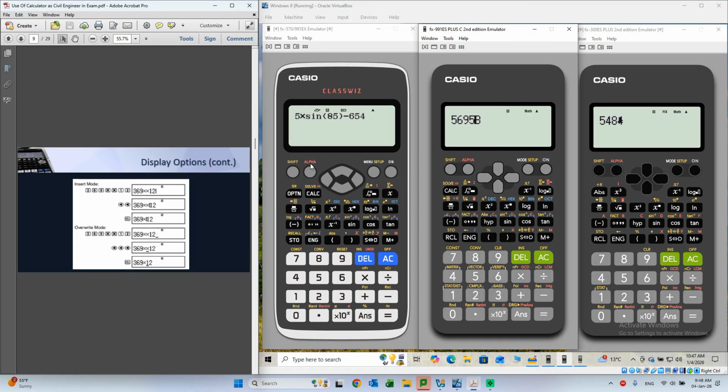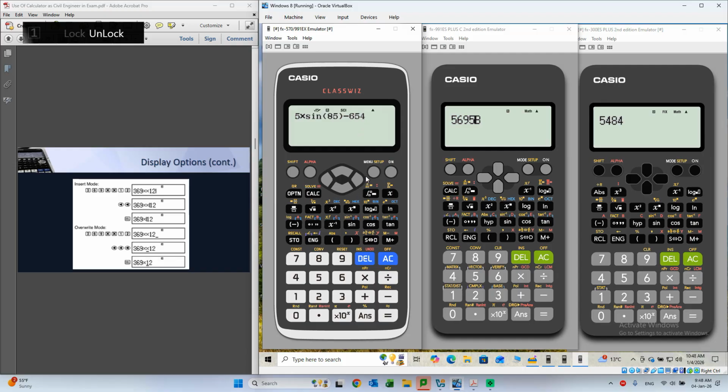By default it's the insert mode, but sometimes you change the setting to a way that you can replace. Sometimes I just want to replace this 8 rather than deleting, or I want to add something between them, but the mode will change so that you replace rather than add.